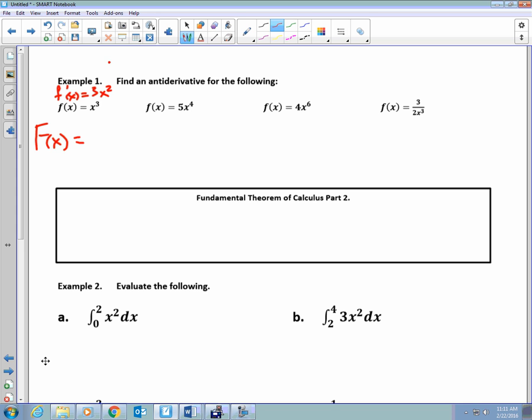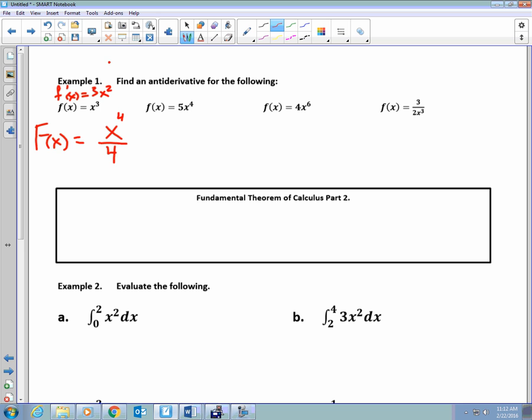Moving up in the world. So if x to the third is my function, what's the antiderivative? Raise the exponent by 1, and then divide by the new power. That's the antiderivative. If you don't believe me, take the derivative, and you should get that. Now, it's an antiderivative.